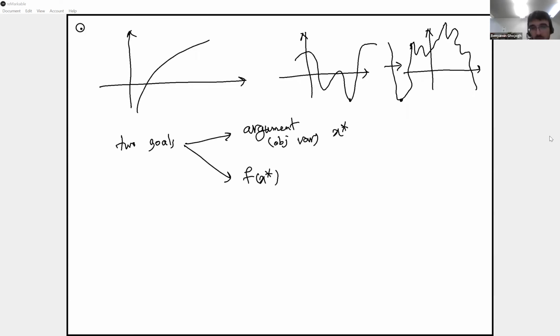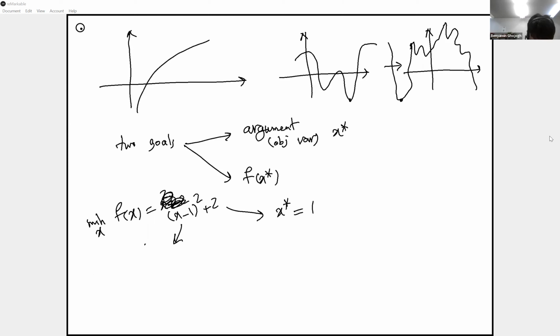For example, assume I want to minimize the function x minus 1 squared plus 2. What is x star? It is 1, right? At 1, it becomes minimum.